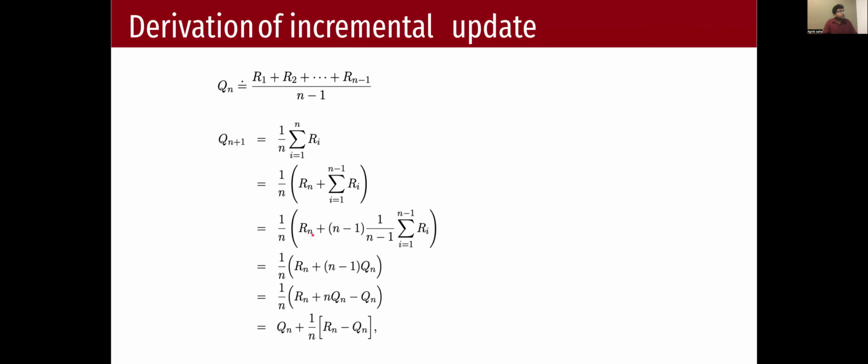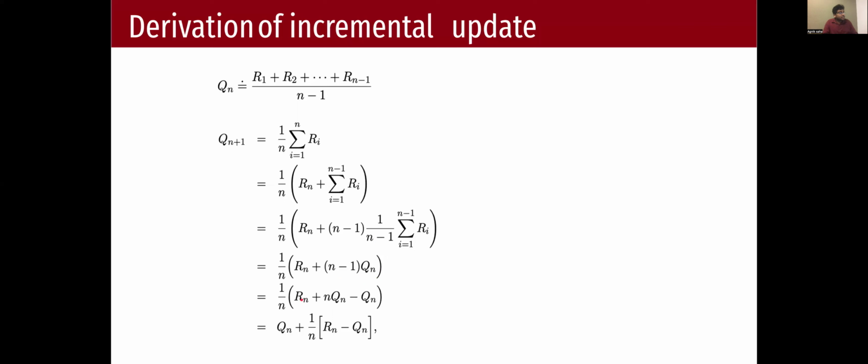And then here you can use n minus 1 into 1 minus n minus 1, so it will cut down. And this value, 1 by n minus 1 times the sum for i equal to 1 to n minus 1 of Ri, equals Qn. So this is following some kind of recursive property.